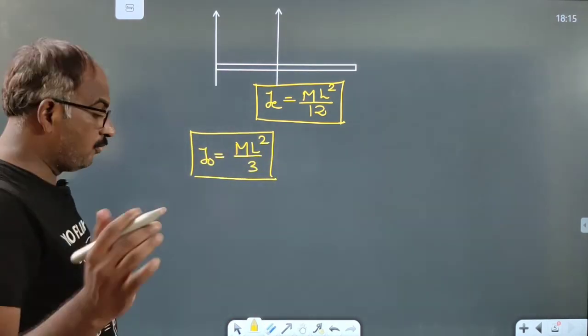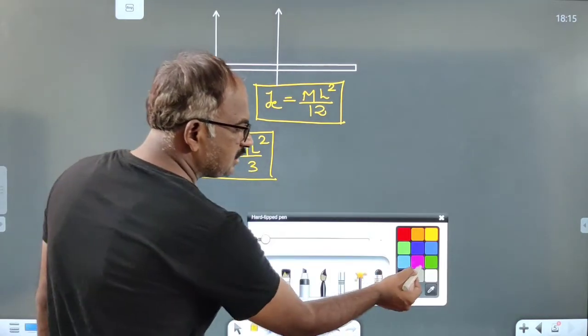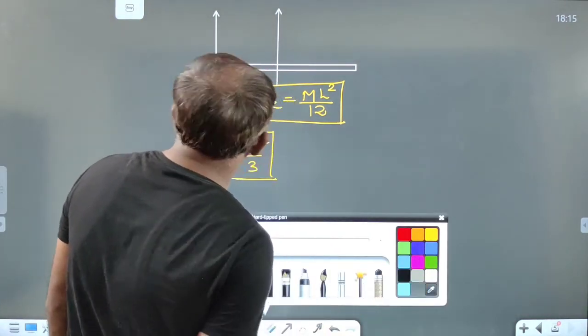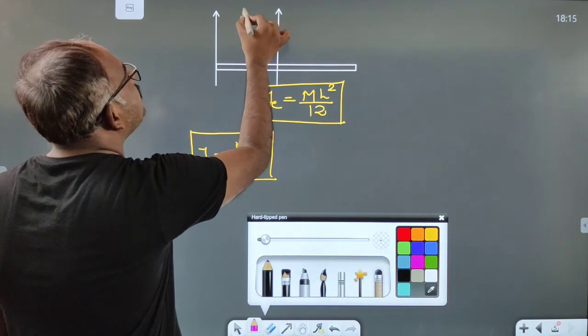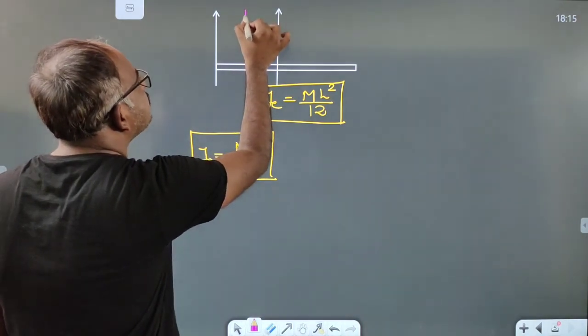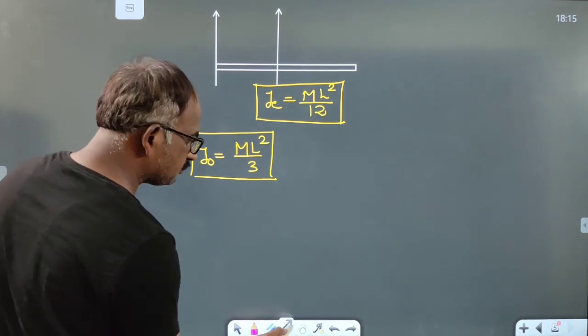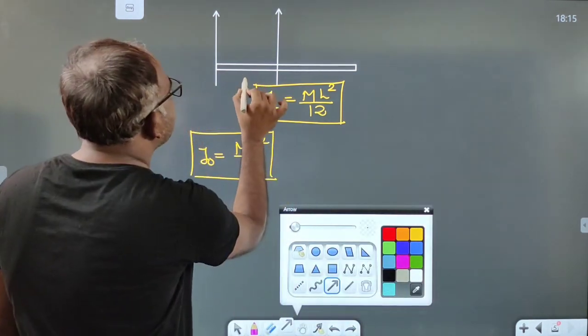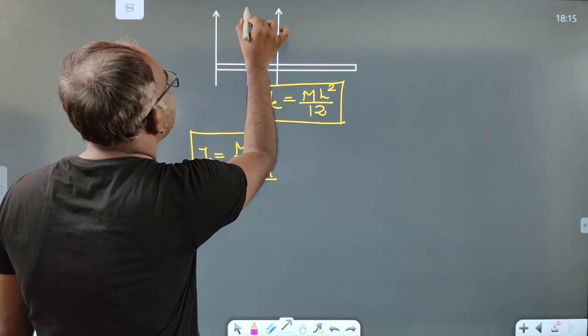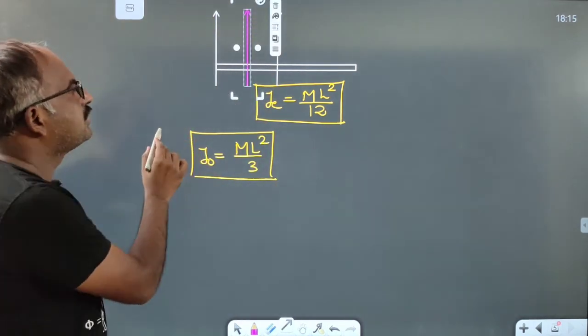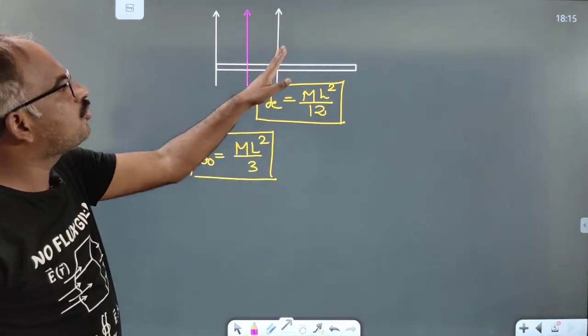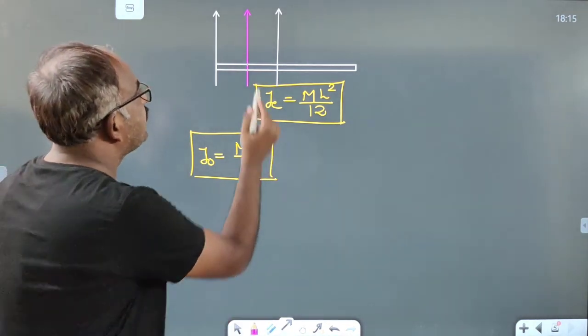Then we consider another application of the theorem of parallel axis. This is an axis passing through midway between center and edge.